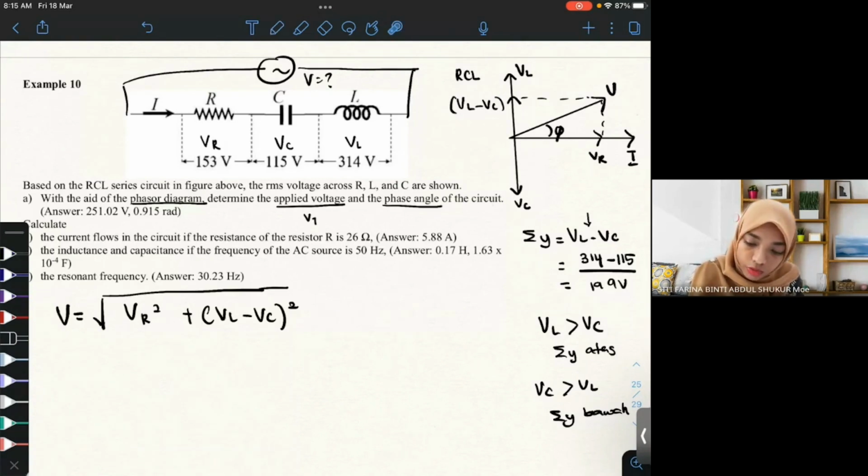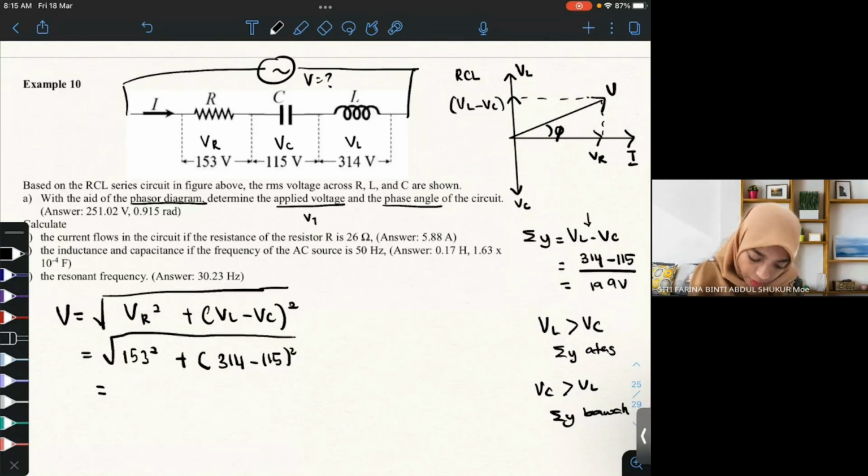Itu maksud with the aid of phasor diagram. You're using the information that you get from the phasor diagram to come up with this equation sebenarnya. And then you're going to substitute the value because all the values are given in the question, such as your VR is 153 square, plus with VL adalah 314 minus 115 square.